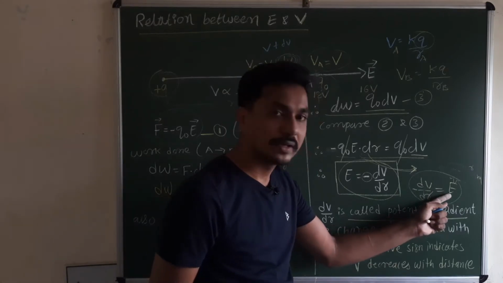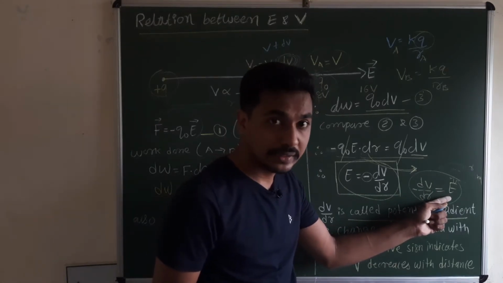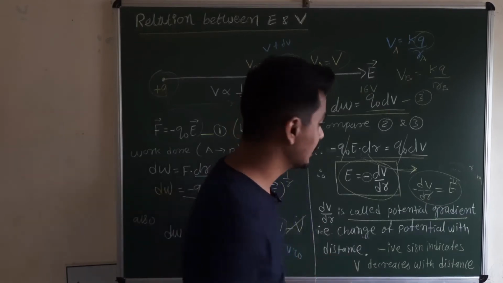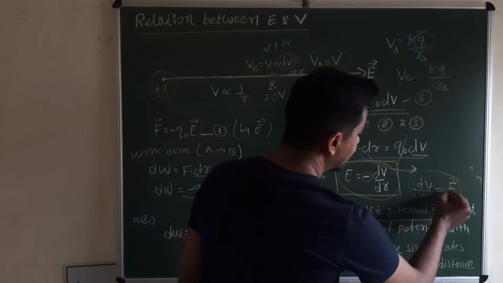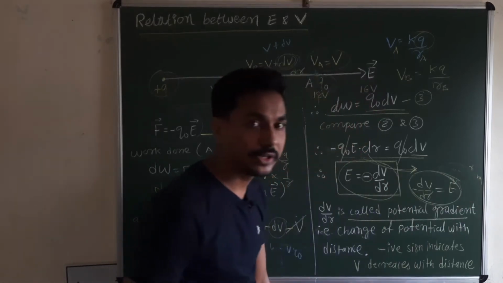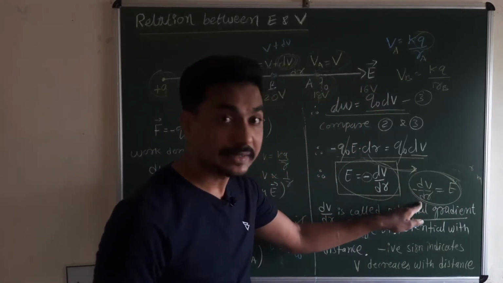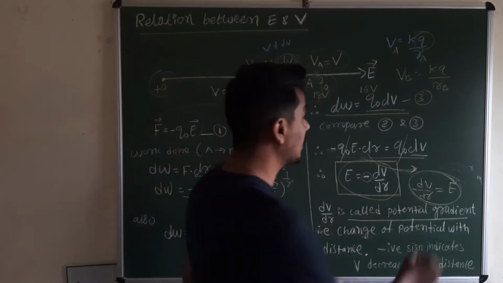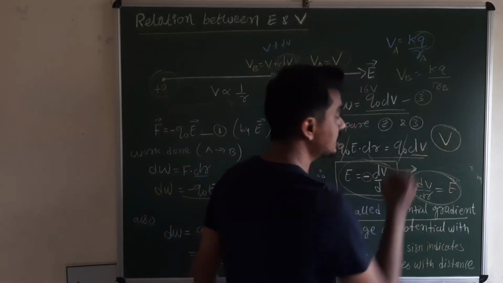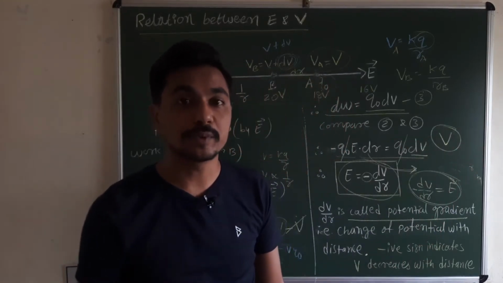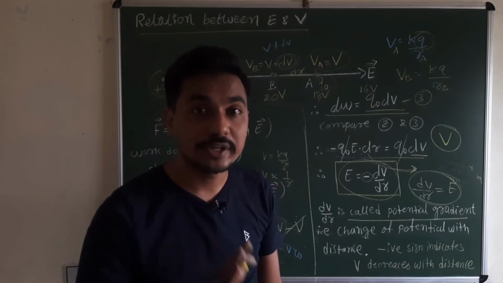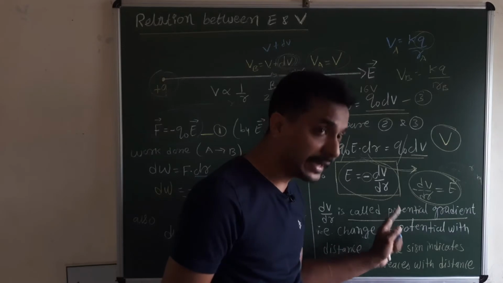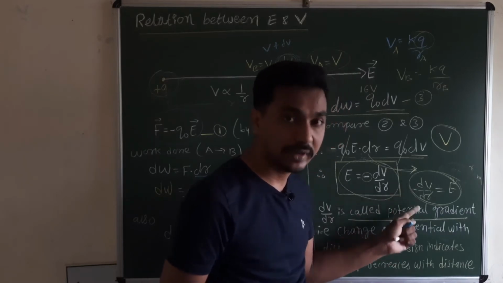Here E is a vector quantity, so whatever equals it should also be a vector quantity. So dV by dr is a vector quantity, it is not a scalar quantity. But if we talk about only potential or potential difference, that is a scalar quantity. So dV by dr is termed as the potential gradient and it is a vector quantity.